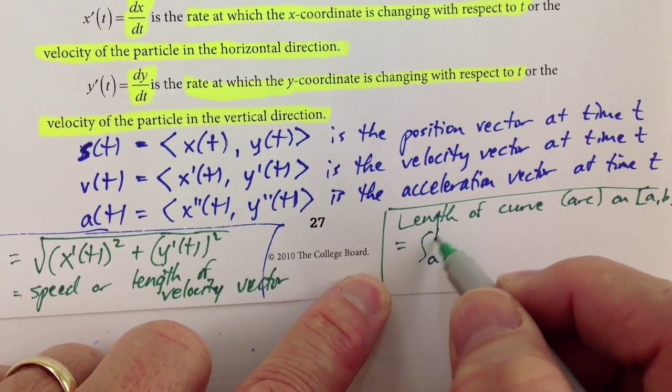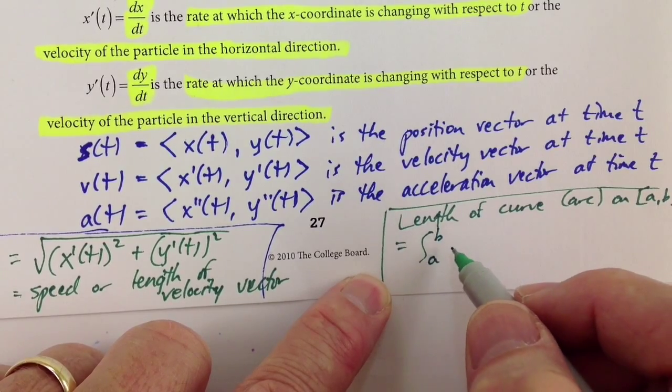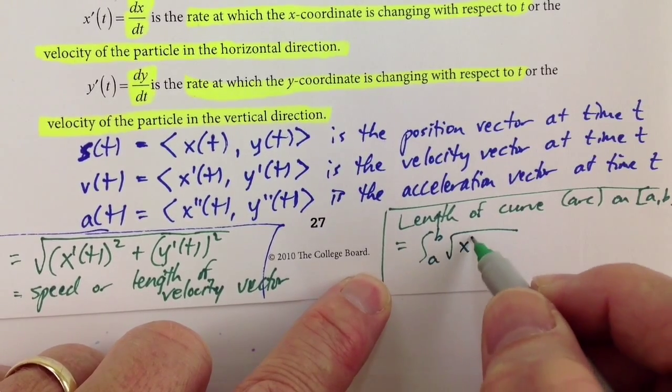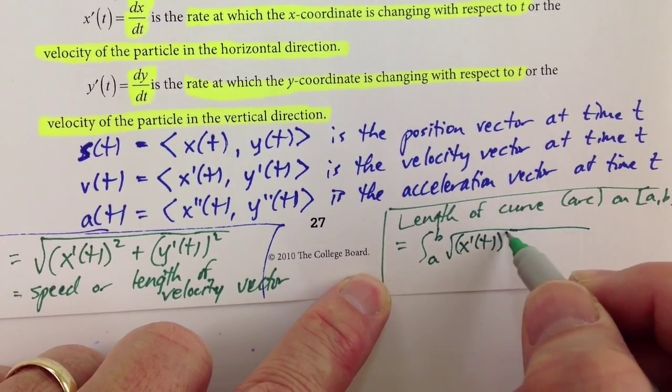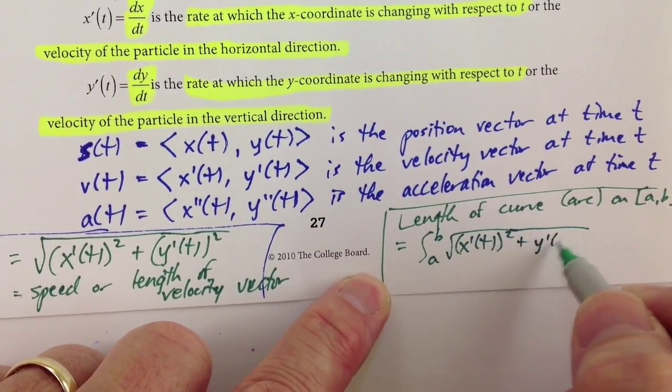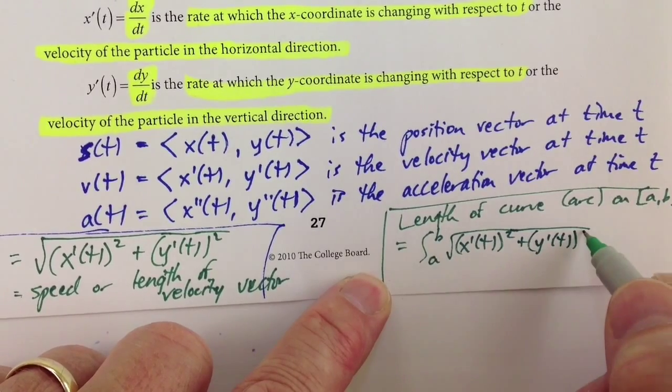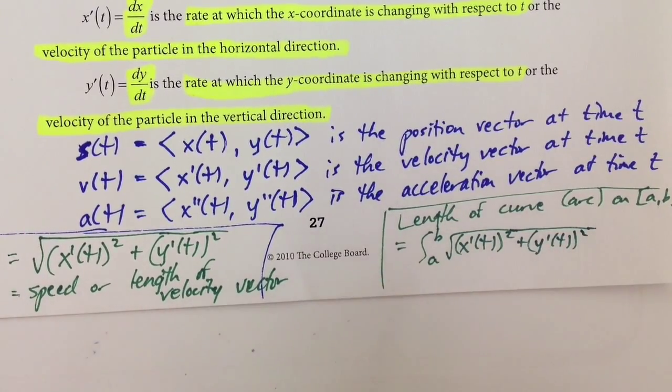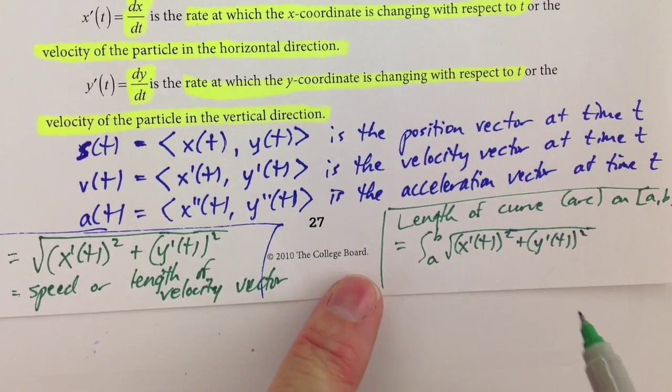That would be the integral from A to B of the square root of x prime squared plus y prime squared. So these are formulas that you could memorize, or you can remember how to generate the formulas.